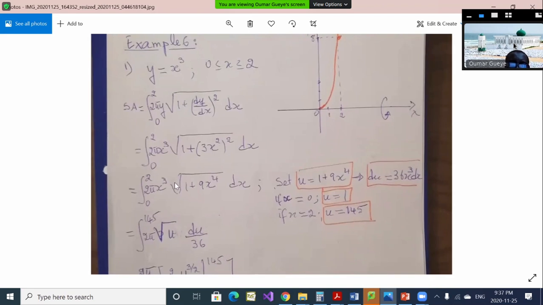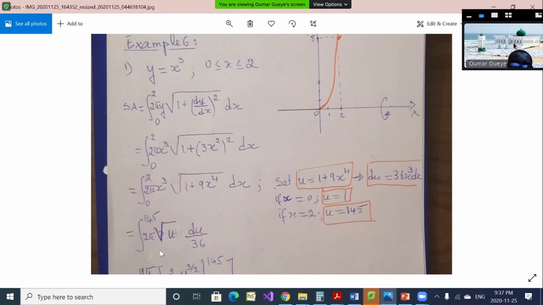So now I'm going to use the substitution rule by setting u equal to 1 plus x to the power 4. In this case, du is going to be 36x cubed dx. I have to find the new interval of integration. When x equals 0, you substitute x by 0, you get 1. When x equals 2, you substitute here, so u is going to be 145.